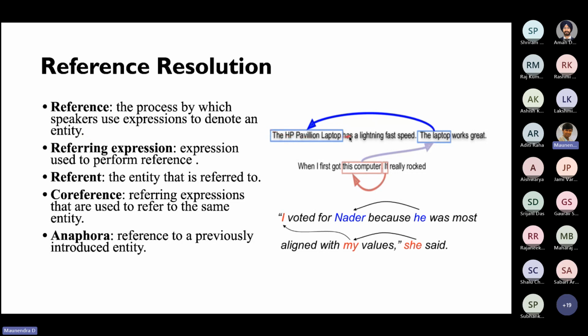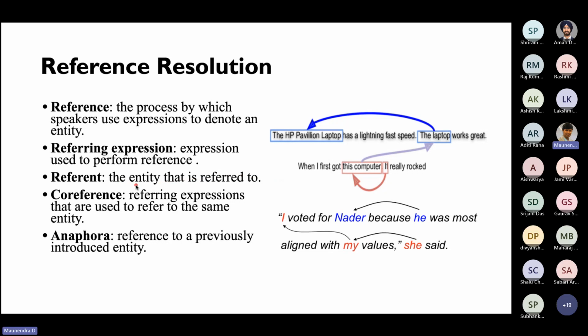These are all references as such. And referring expressions are expressions which are used to perform reference. For example, here we are seeing the word it. This is an expression which indicates that something is being referred to. So it is a referring expression.